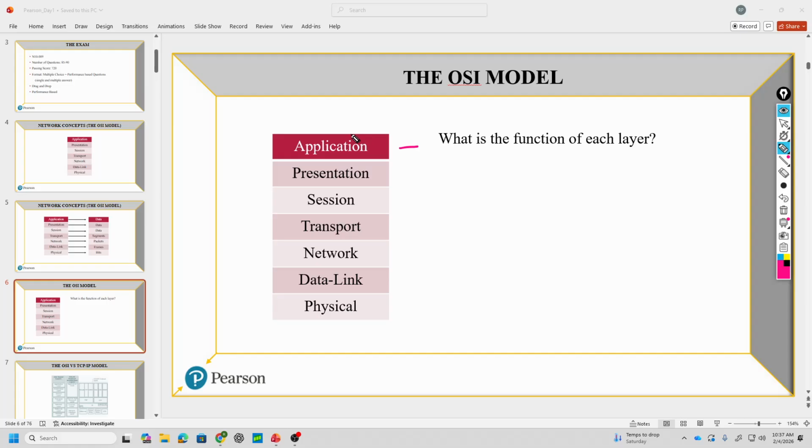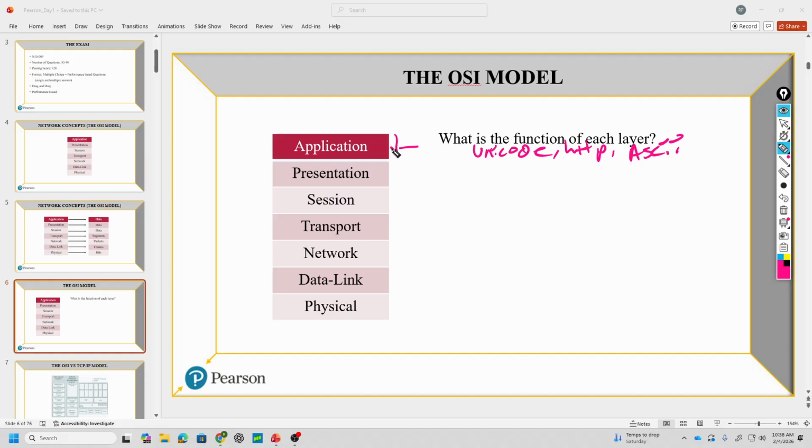This layer takes the basic information from that application and then encodes it into whatever the encoding is, whether that is Unicode or HTTP, ASCII, whatever the encoding style is being used by that application. This is where it's going to convert it to that.